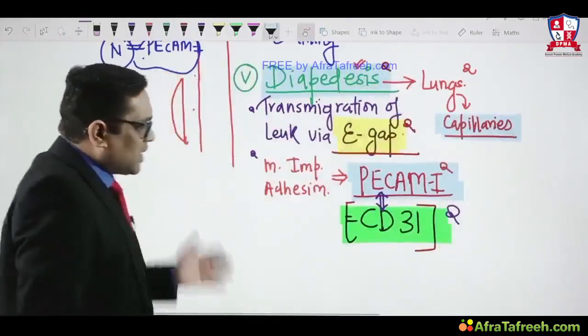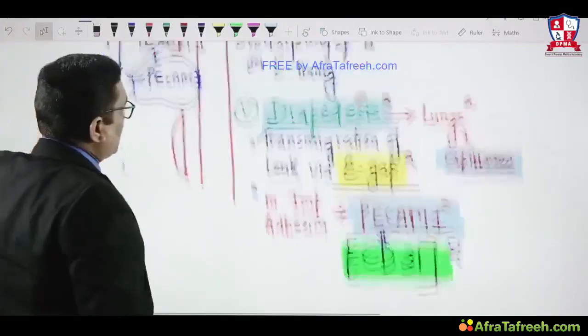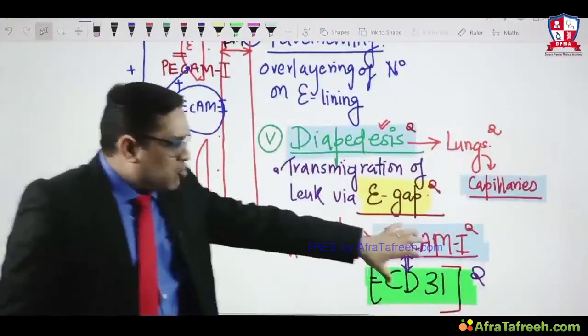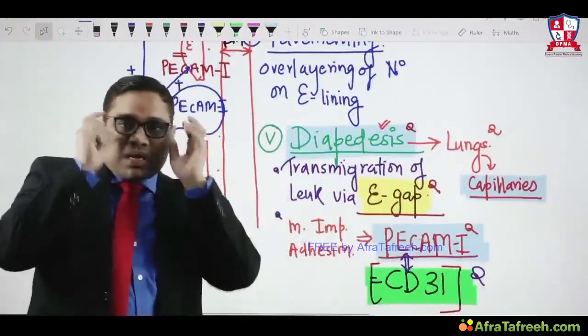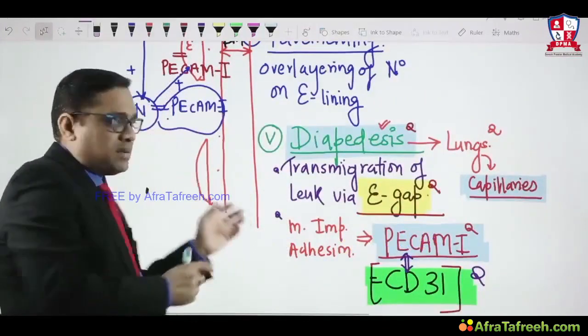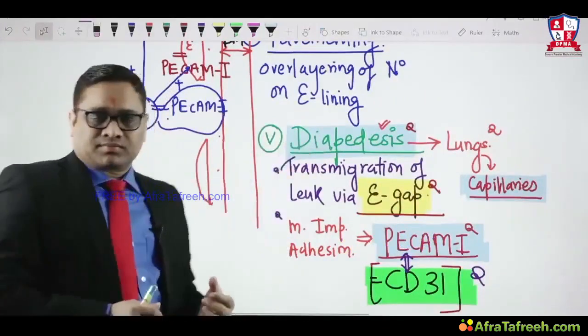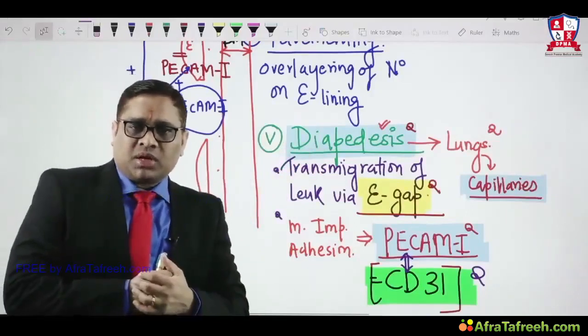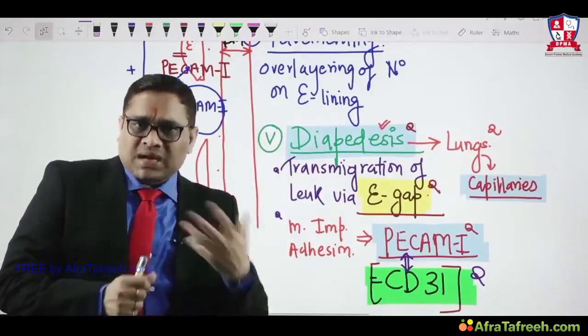There was a good question in AIIMS exam. A statement was given: PCAM1 will activate endothelium for diapedesis. Is it PCAM1 that is activating endothelium for diapedesis? No. Who is activating?